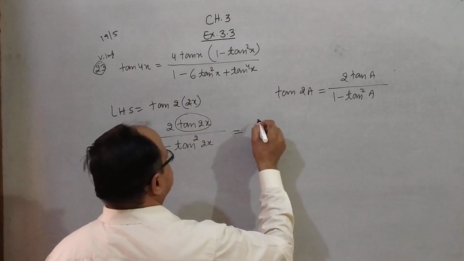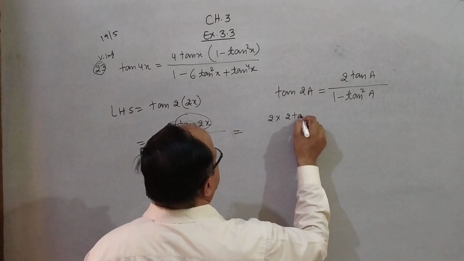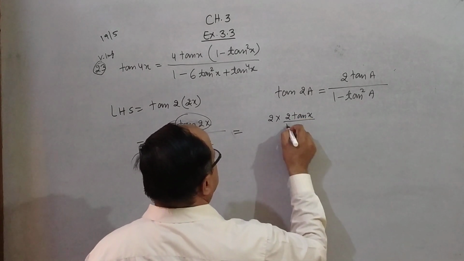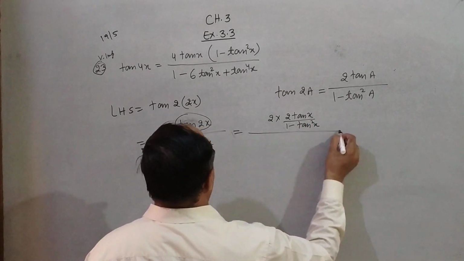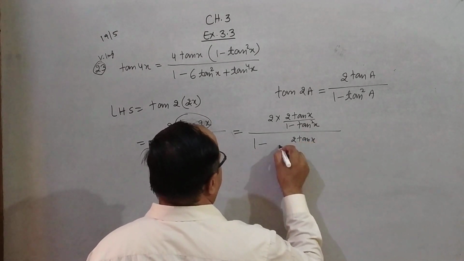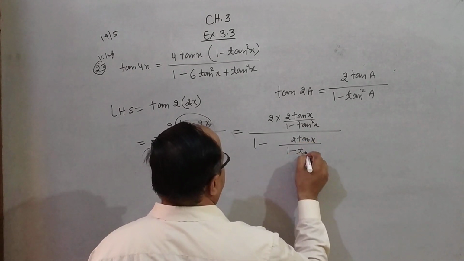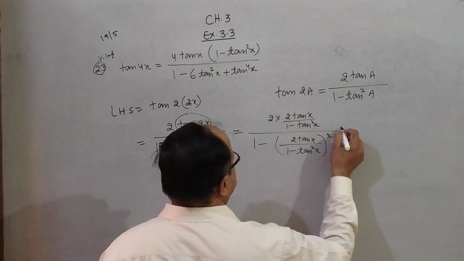Again apply this formula: 2 into 2 tan x upon 1 minus tan square x, over 1 minus (2 tan x upon 1 minus tan square x) whole square. Clear?